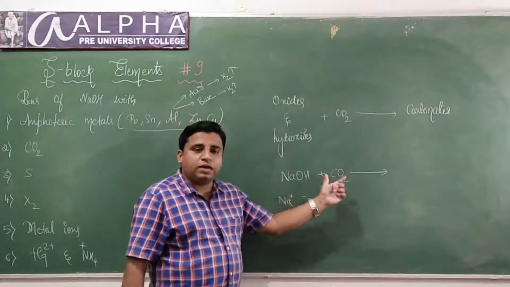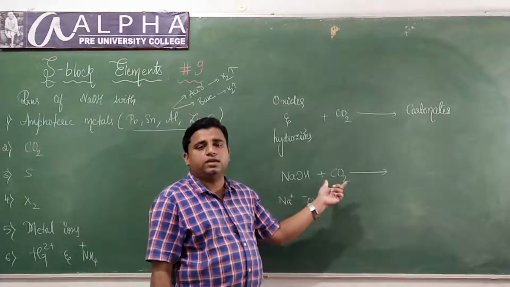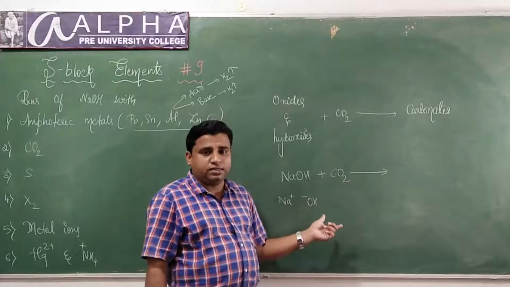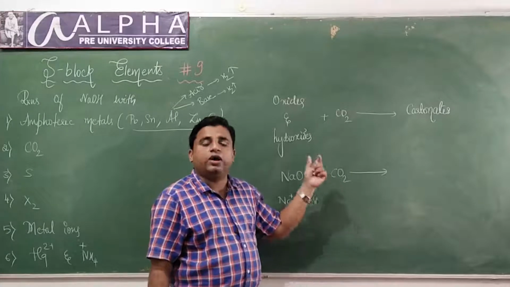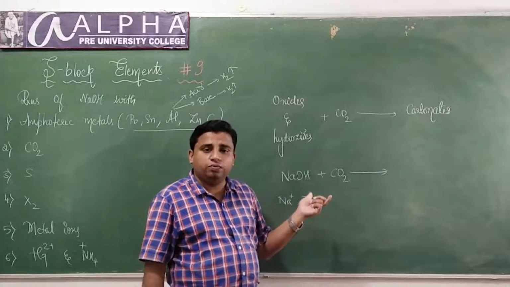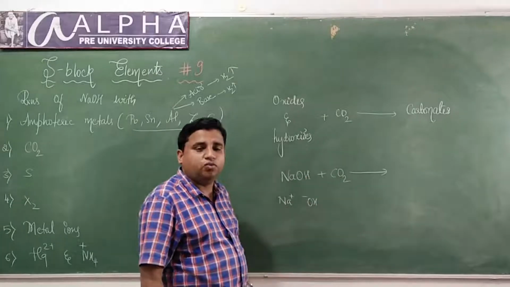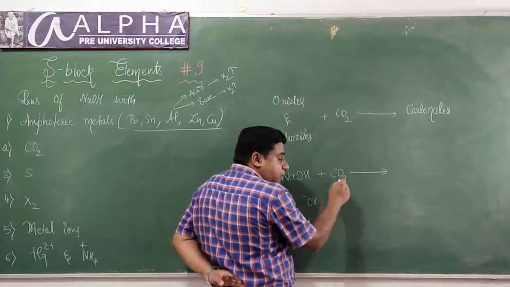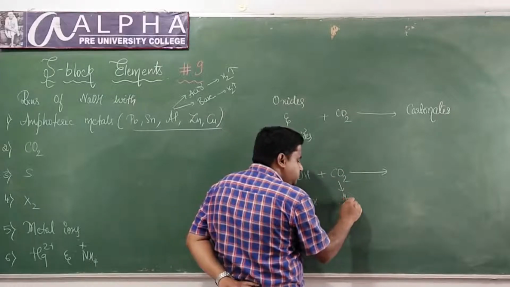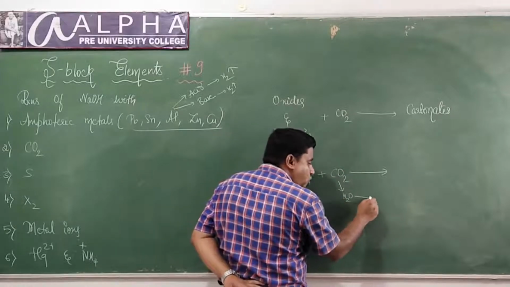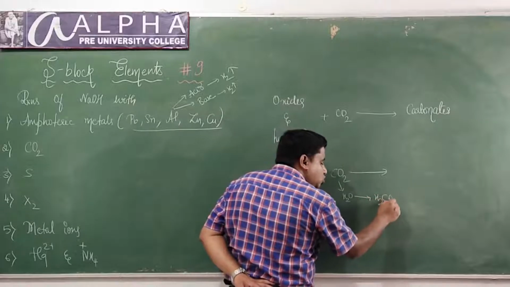Now, what about carbon dioxide? Carbon dioxide is a covalent compound. It will not ionize, that means it doesn't have any ions. In such a case, whenever you find a covalent compound, you try to dissolve it in water. When carbon dioxide dissolves in water, it forms carbonic acid, H2CO3.